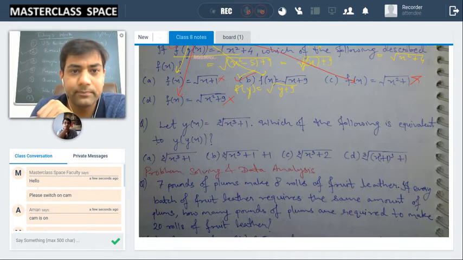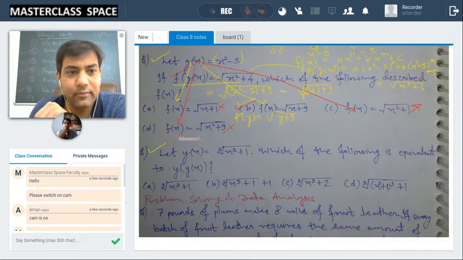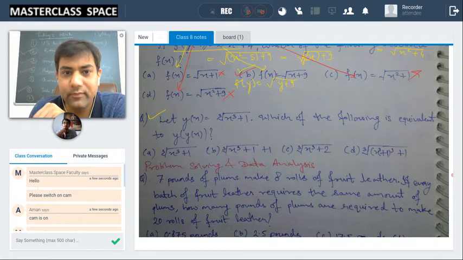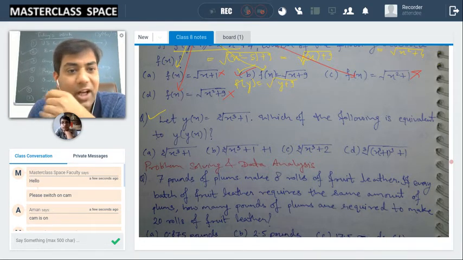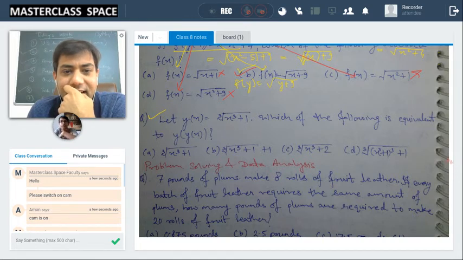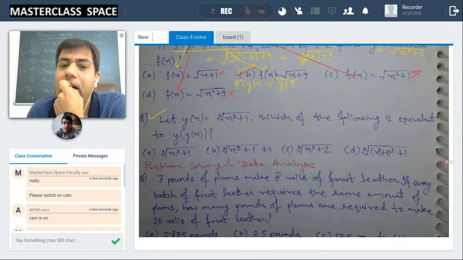Next question. Quick answer. y of y(x) equals root 3 x cubed plus 1, which of the following is y of x.